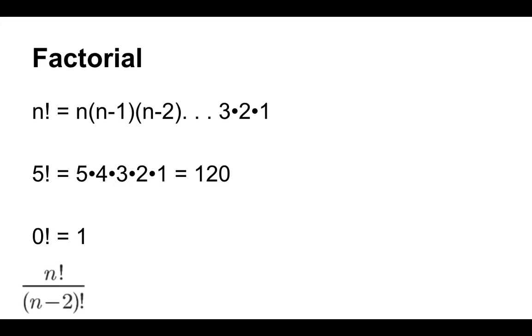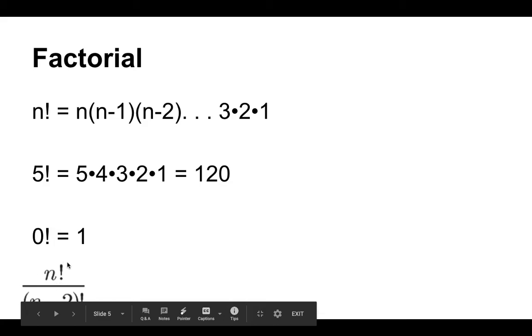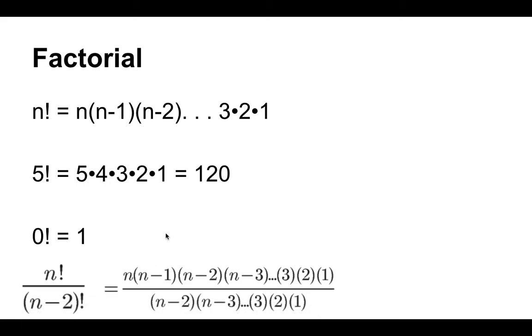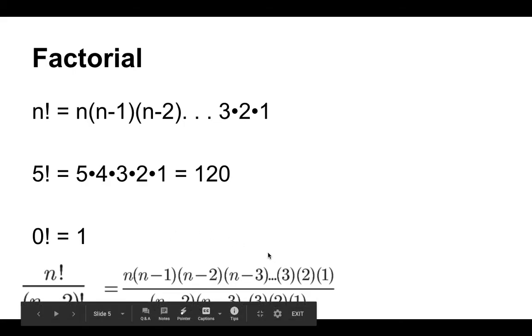And then we can do some math with it, particularly when we're dividing factorials. So n factorial means everything from n down to 1. N minus 2 factorial means everything from n minus 2 down to 1. Notice when we write these out, we have that dot, dot, dot there.